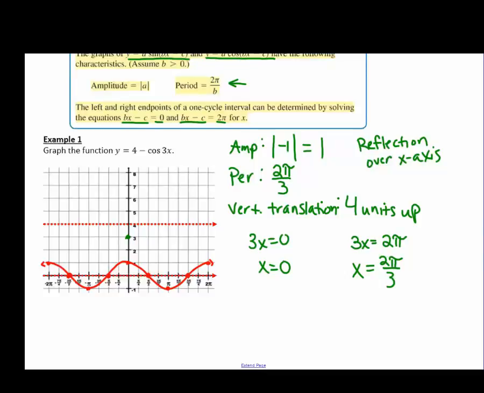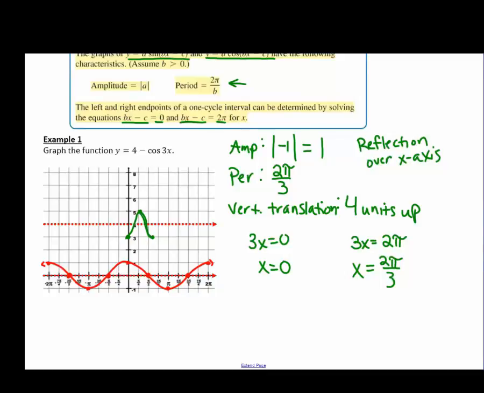Our amplitude is 1. We've already reflected over the x-axis. All right, and so we know that this cycle is going to end at 2 pi over 3, which is approximately right here. And so halfway in between those 2 points would be pi over 3, and we graph the maximum there. And then you can connect those with a curve.